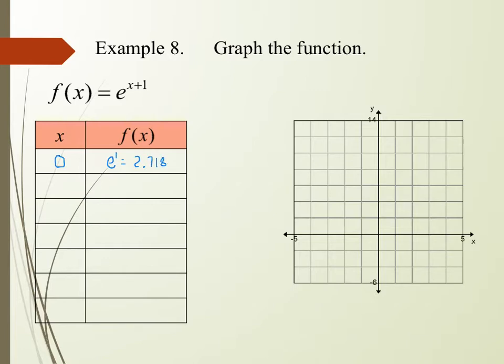So the other issue is we're going to let x equal minus 1, and this is e to the 0 power, which guess what, is just 1. Now if we let x equal 1, we have e to the 2 power.